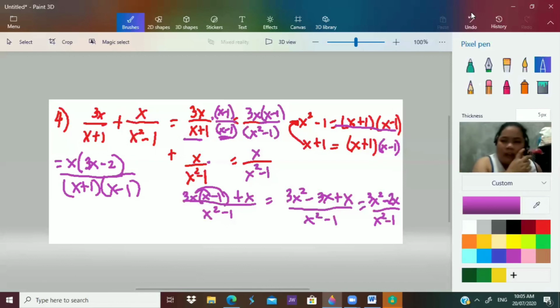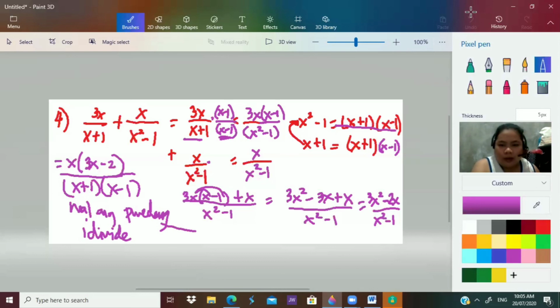Pero, kahit na-factor natin, makikita ninyo wala po tayong pwedeng i-divide. Kasi walang common factor ang numerator at denominator. So dahil wala tayong pwedeng i-divide, ito na yung ating final answer.